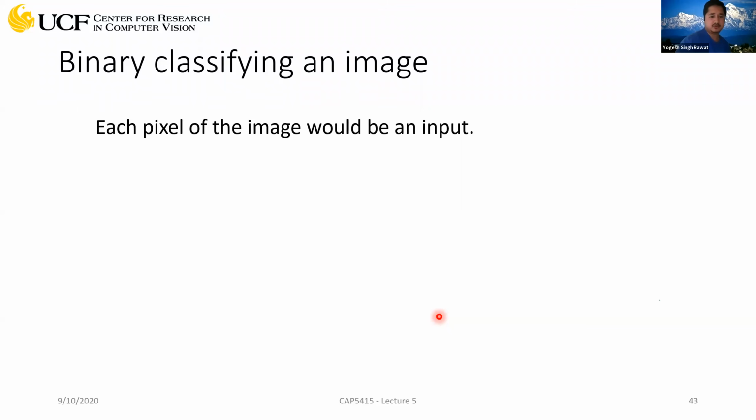let's try to use this for classification of images. So let's say we have an input image of size 28 cross 28. Now we are not going to extract any features. We are directly using the pixel values in this particular case. So you have a 28 cross 28 gray level image.